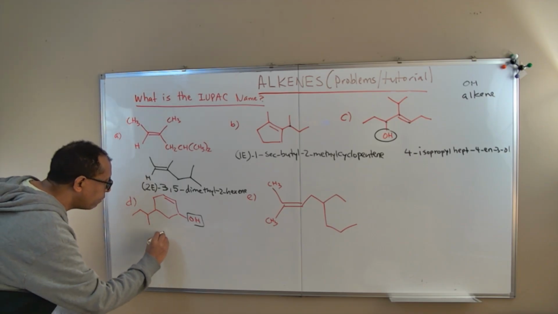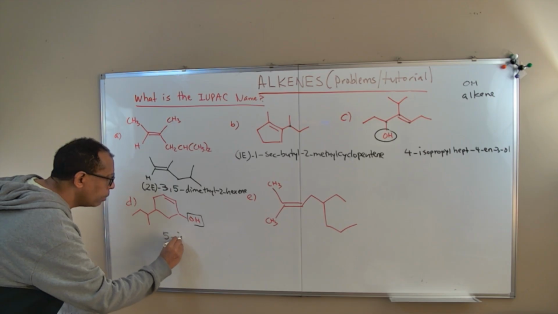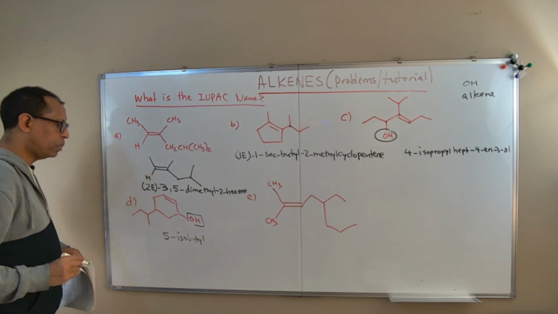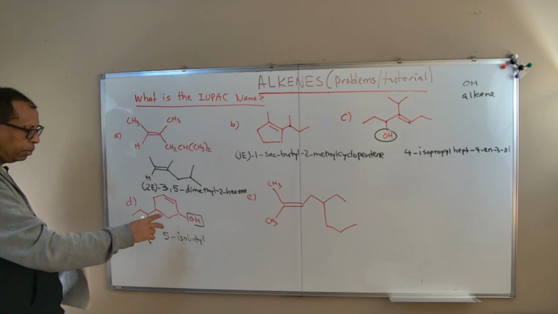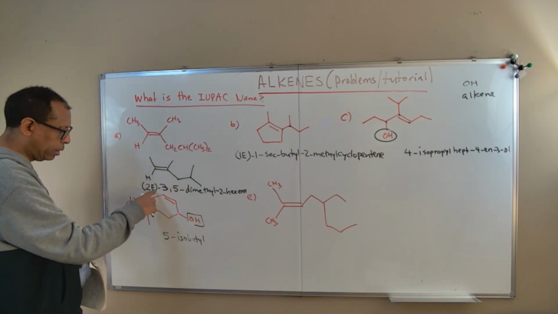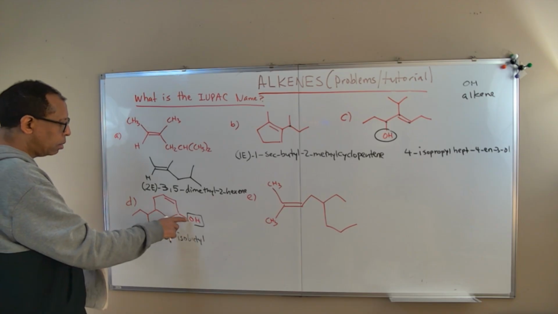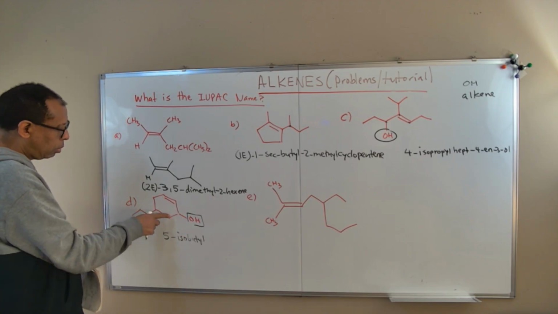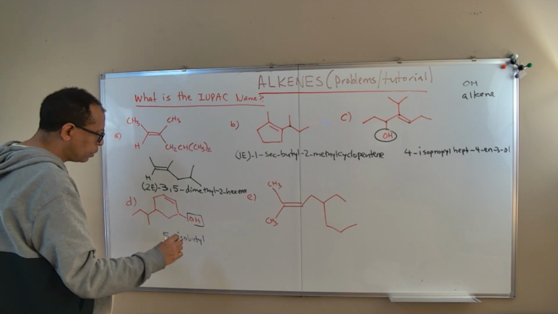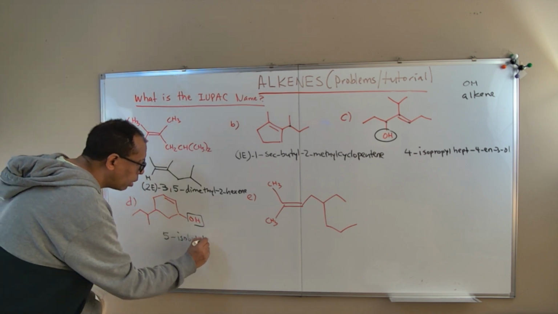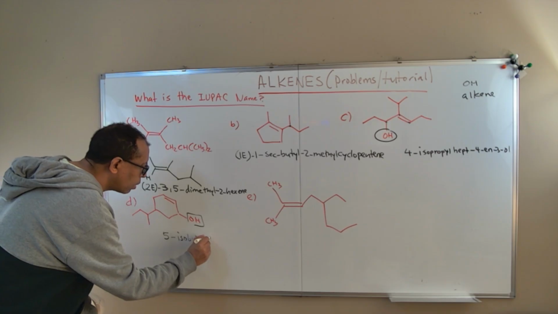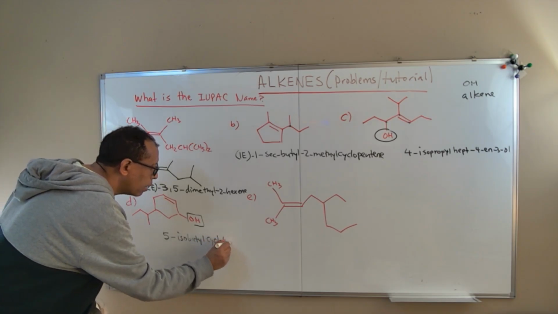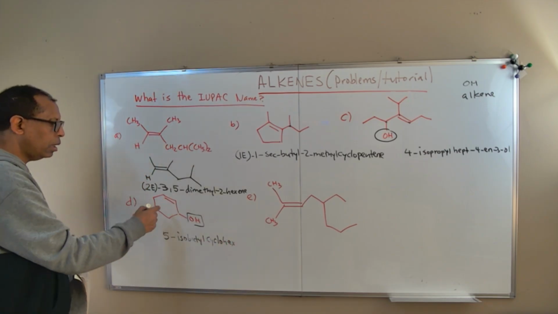So this is a 5-isobutyl cyclohexanol. At the 1 position I have the alcohol, and the ene is at 2.